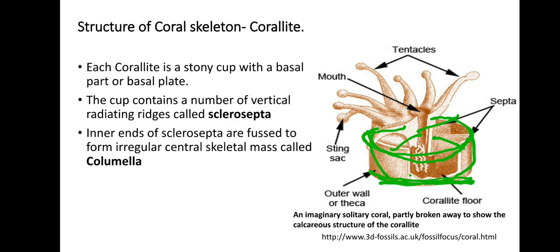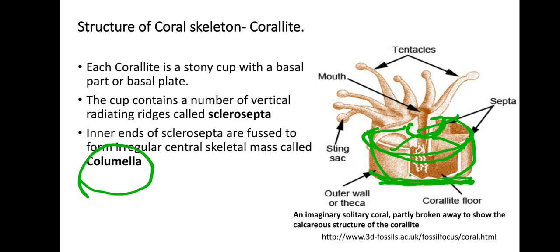Those cross walls are called septa or sclerosepta. At the center there is a portion to which all these sclerosepta fuse, and that is called the columella. They are fused here. That is called the columella.